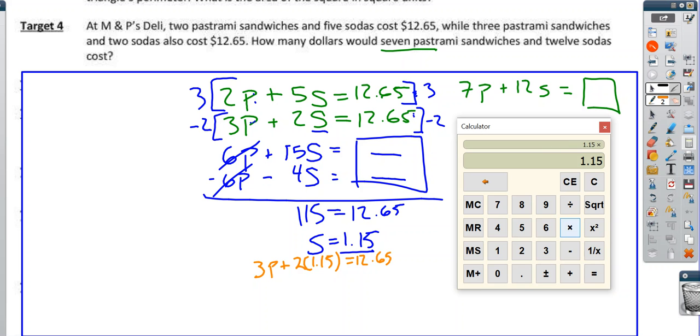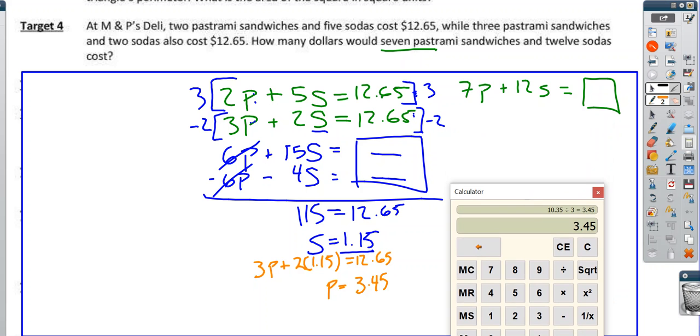So times 2, I'm going to subtract 2.3 from both sides. 12.65 minus 2.30. All right, so now divide by 3. And so a pastrami sandwich is equal to 3.45. I'm sorry for not writing that down.